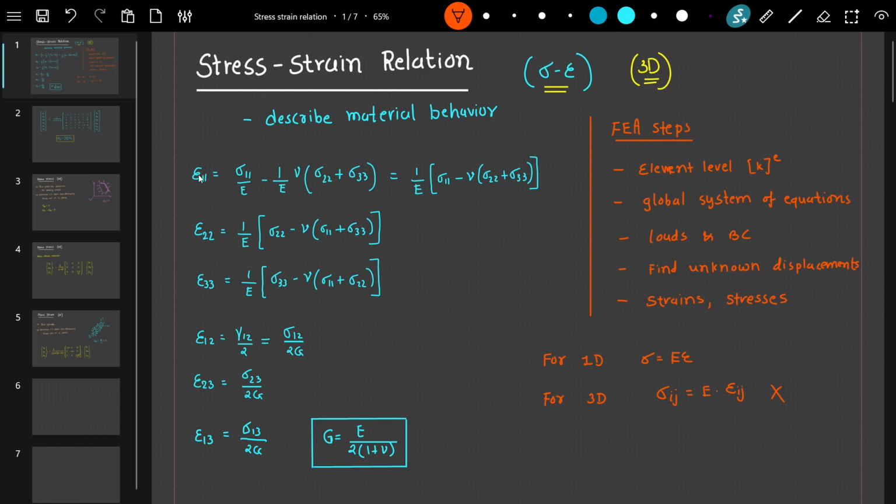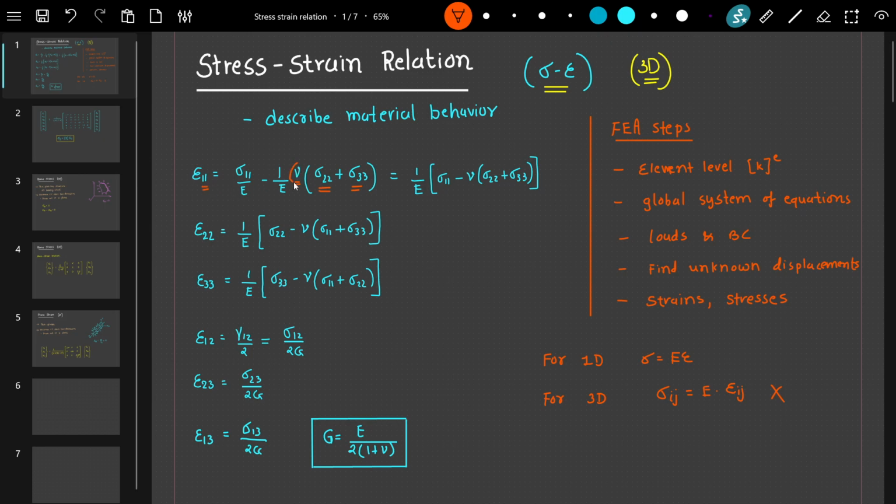So let's see the strain components in terms of stresses. Epsilon 1 is equal to sigma 1 by E. This we know, and there is an effect of Poisson's ratio nu. Poisson's ratio defines the change in strain due to the stress in other directions. Stresses sigma 22 and sigma 33 also produce strain in the other direction, that is 11.